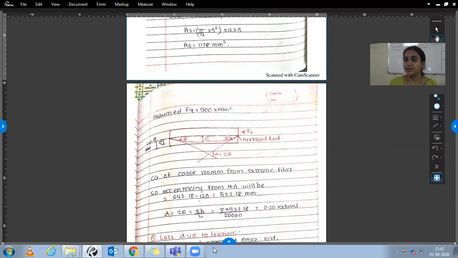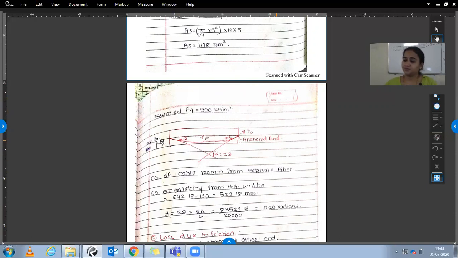So like that, we are using in our normal concrete structure Fe 500. So 500 Newton per mm square will be the characteristic strength of that particular steel. So here we are going to use Fy equal to 900 kilonewton per meter square, which is used.